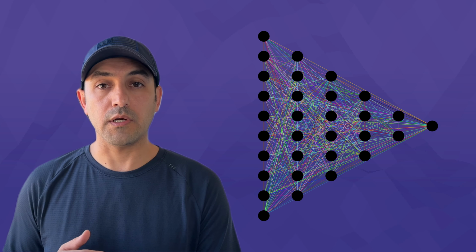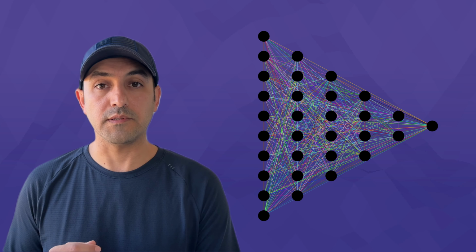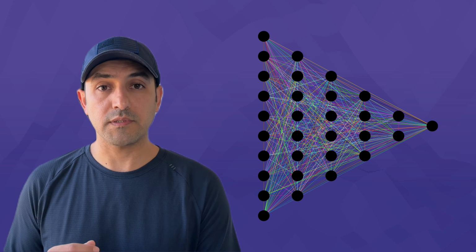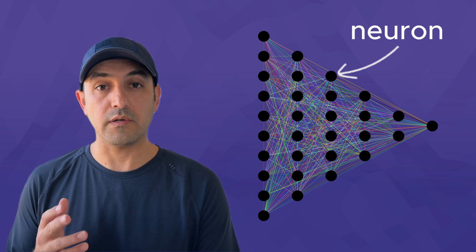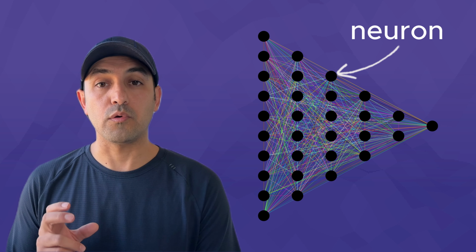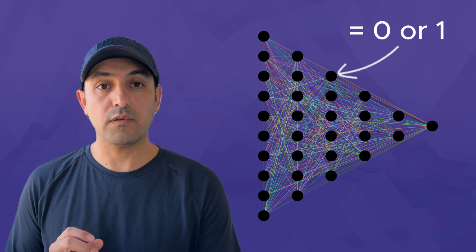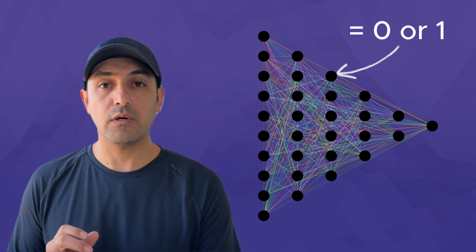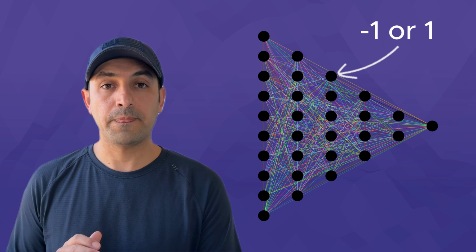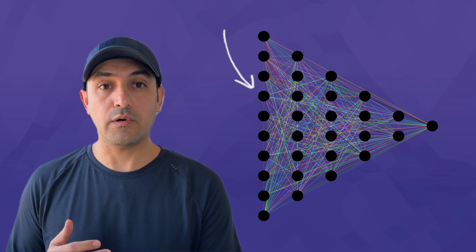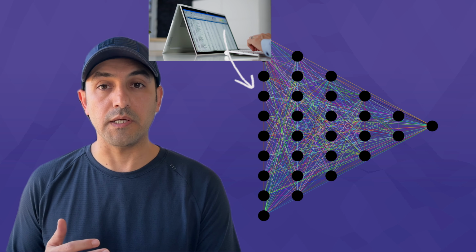At its core, a neural network is a mathematical structure designed to process data through layers of interconnected nodes, called neurons. Each neuron in a network holds a binary type value, like 0 and 1 or -1 and 1. The neurons in the first layer are the columns of our spreadsheet data.